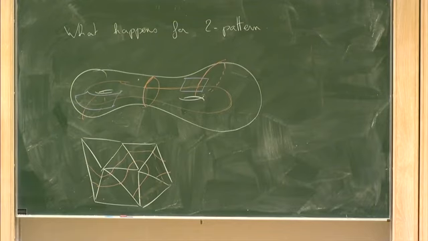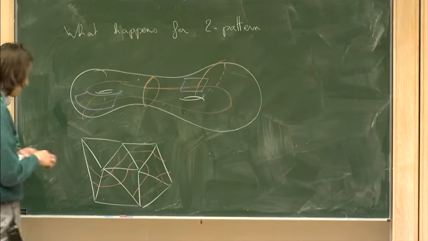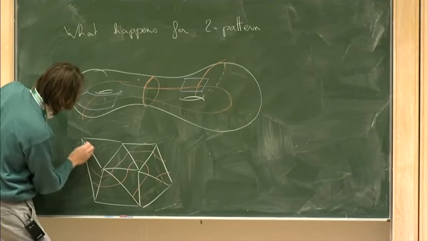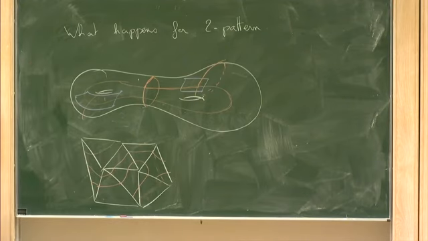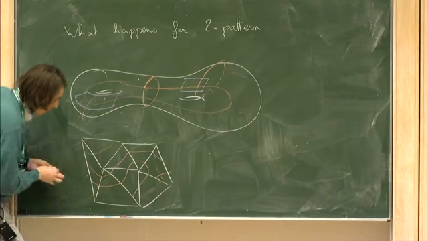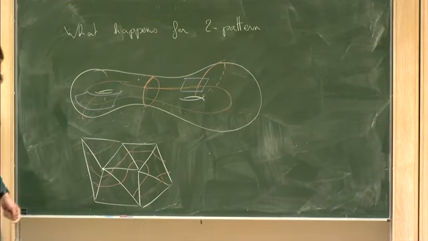And what happens is that in order not to be parallel, two curves have to be separated by a vertex.